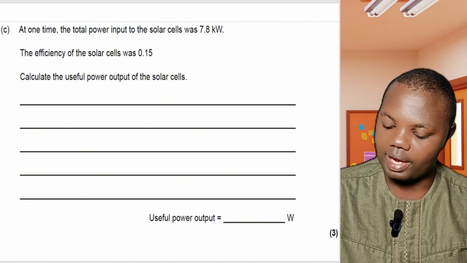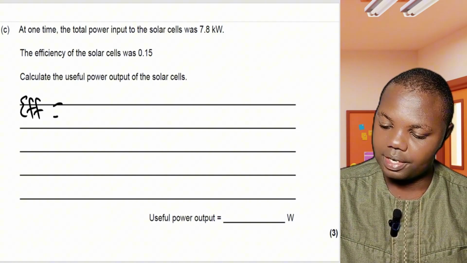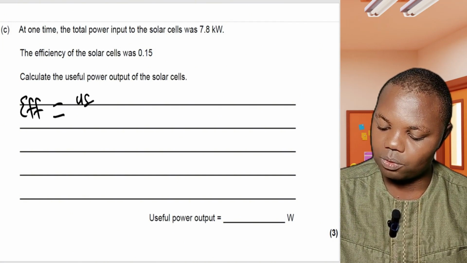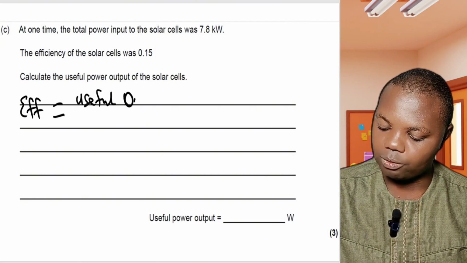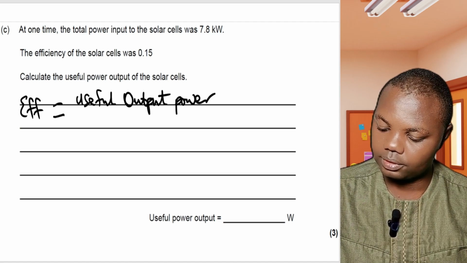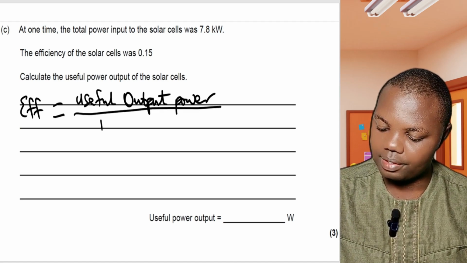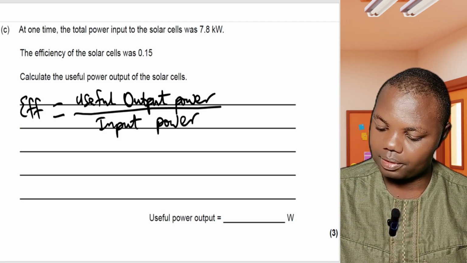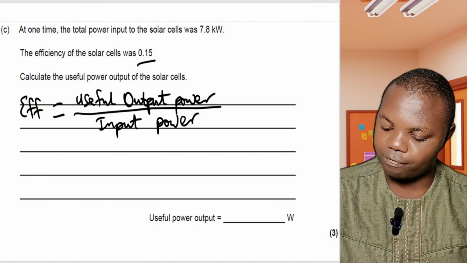So we apply the formula: efficiency equals useful output power divided by the input power. So efficiency is 0.15.